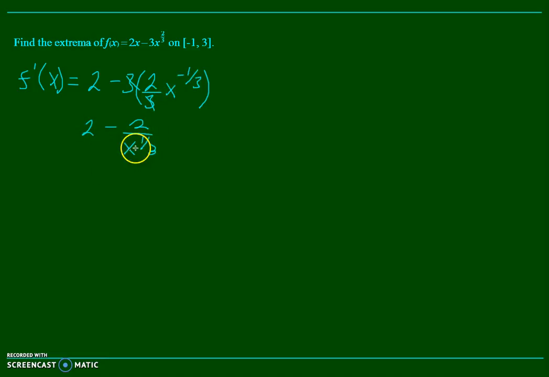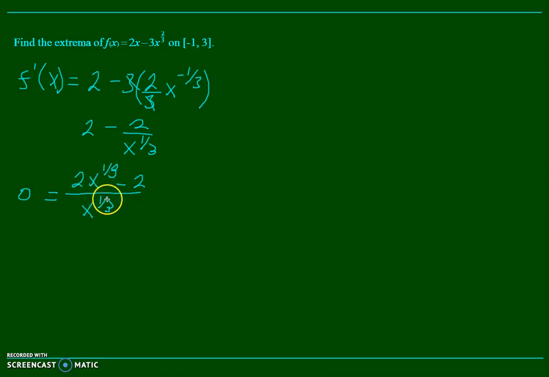So now we have to simplify this a little bit so that we can solve. So this times this is 2x to the 1/3 minus 2 over x to the 1/3, and that's equal to 0 because we have to solve.